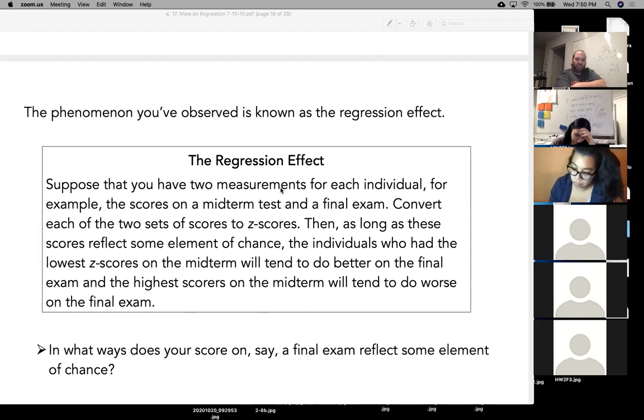Suppose that you have two measurements for each individual. For example, the scores on a midterm test and a final exam. Convert each of the two tests of scores to z-scores.